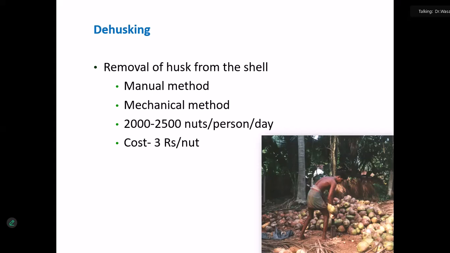Therefore, you can see here, now the dehusked nuts have been transported to the factory. But please make sure, once you do dehusking, at once you have to cover it up from sunlight. Otherwise, within 2-3 minutes, it will crack.